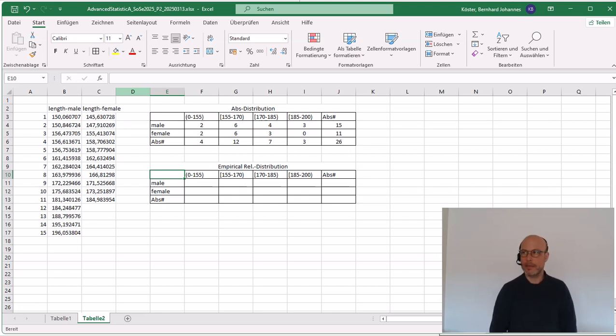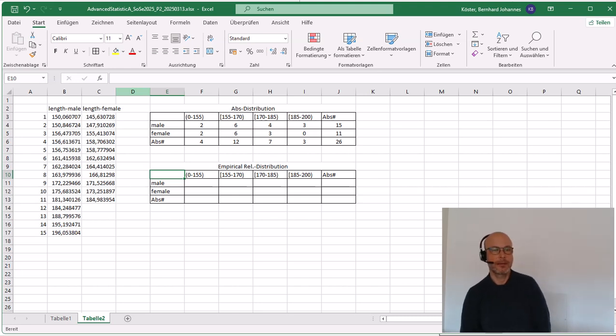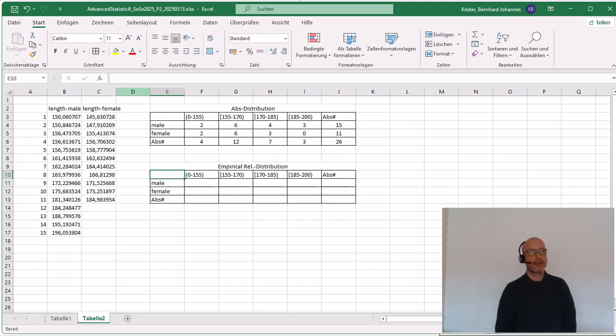Well, you said that you already heard about contingency tables. And of course, looking at your data set, you should also be able to answer this question.